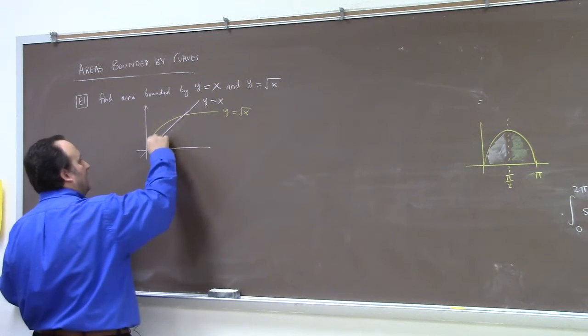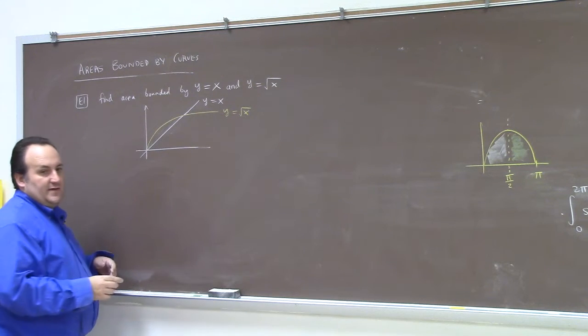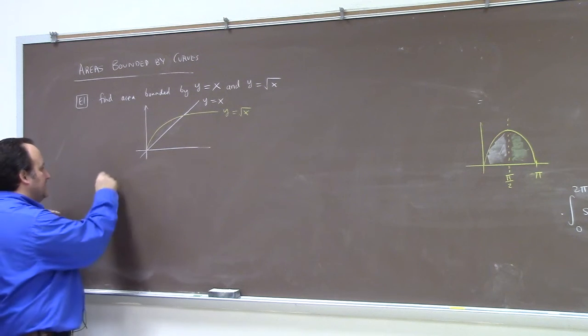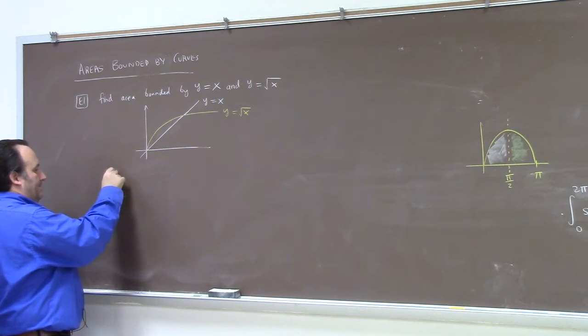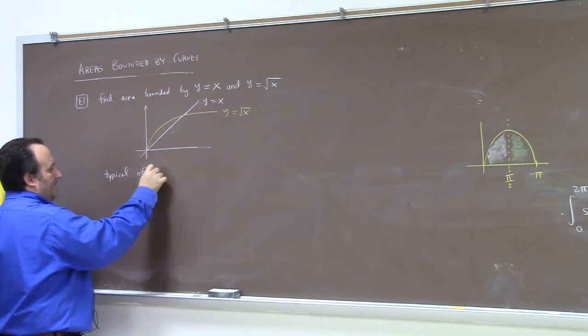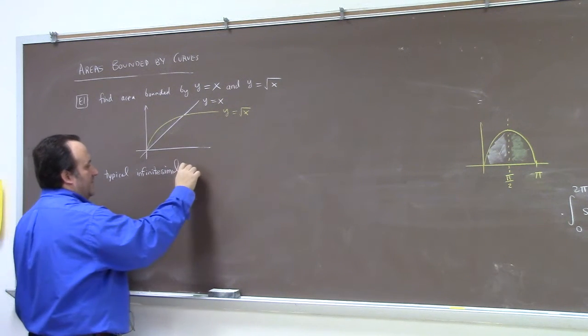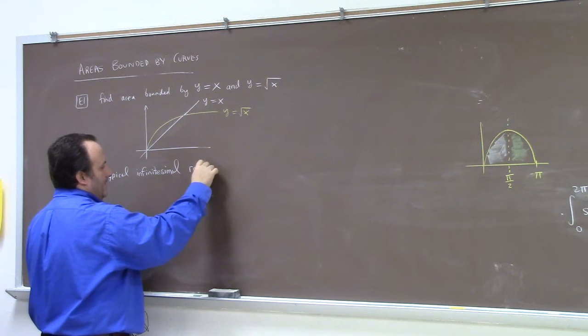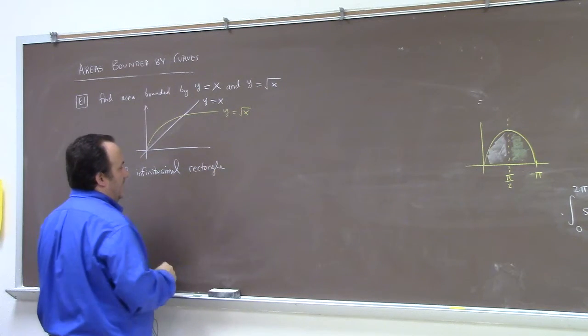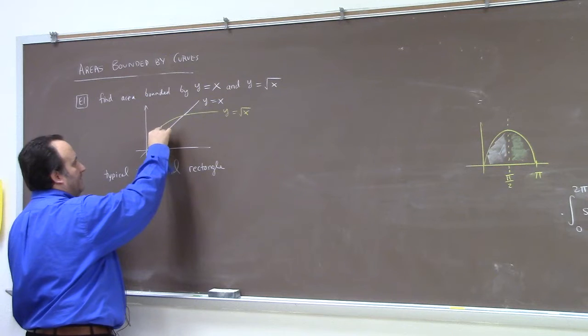What's this area? The way I do it is I try to draw a typical infinitesimal rectangle. I'll draw a picture like this right here.